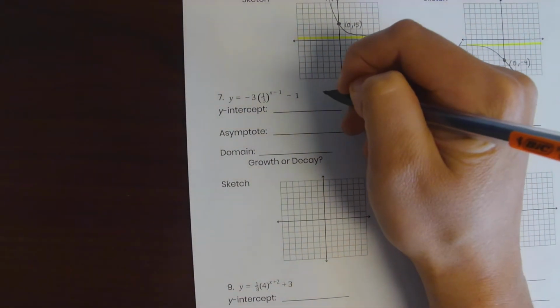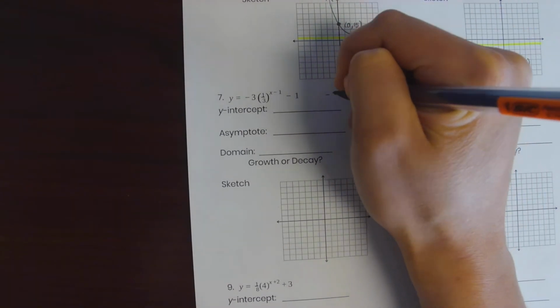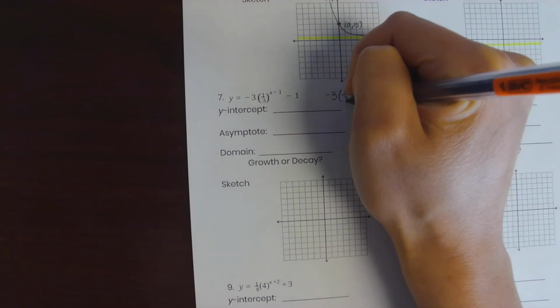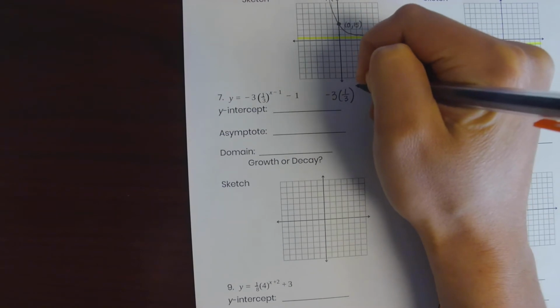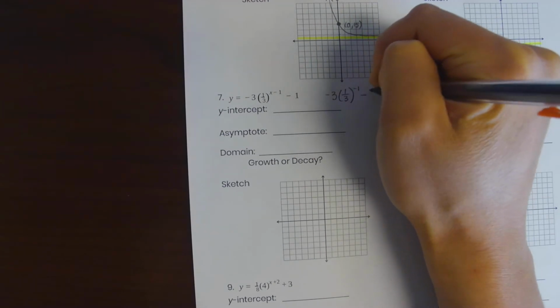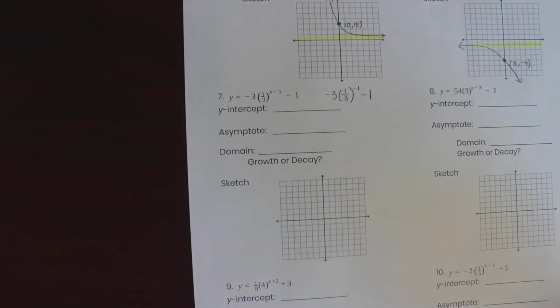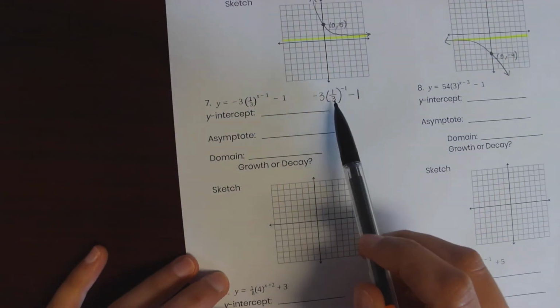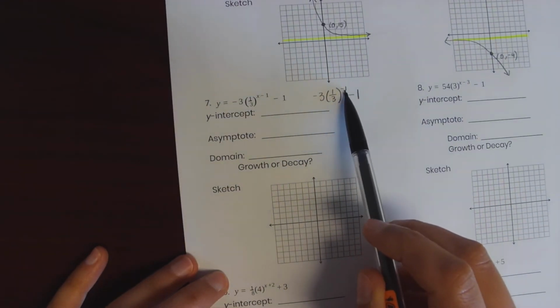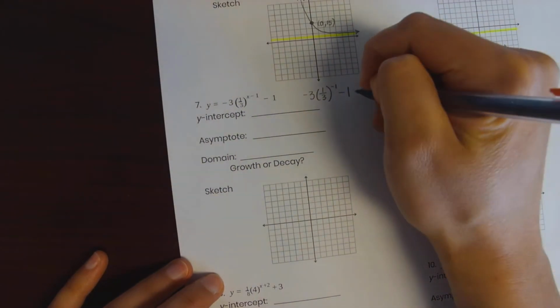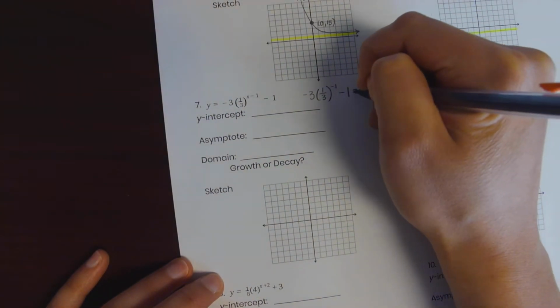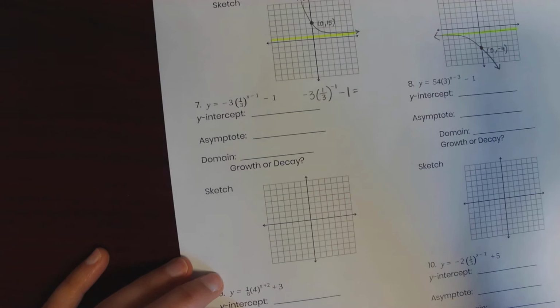So this one, when I find the y-intercept, will be -3 times 1/3 to the 0 minus 1, which is -1 minus 1. So here, we have our negative exponent rule again, so that's going to flip the fraction. So just be careful you follow your order of operations, right?